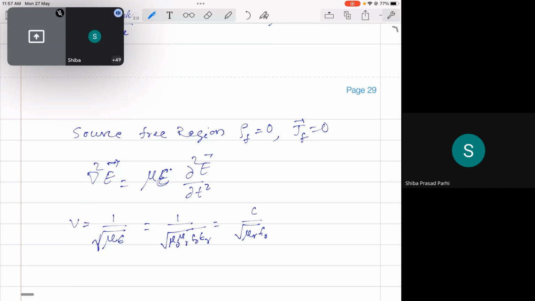Sir, David Griffiths' book will also be good. Yes, everything is in Griffiths' book. Okay. What I can also do is, are you aware of NPTEL? Have you heard of NPTEL?